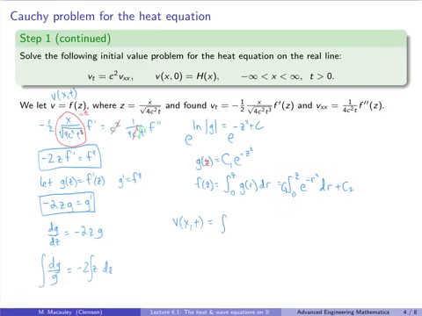So it's the integral from 0 to x over root 4c squared t of e to the negative r squared dr. I forgot my constant again, c1, and then plus c2. Okay, so that is the general solution.